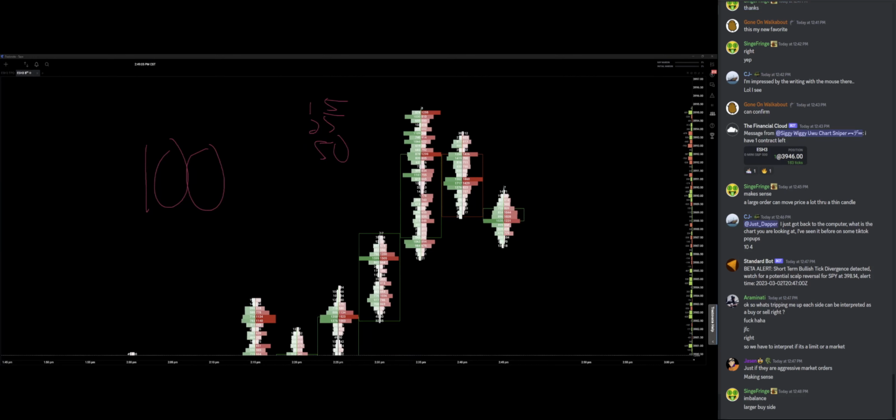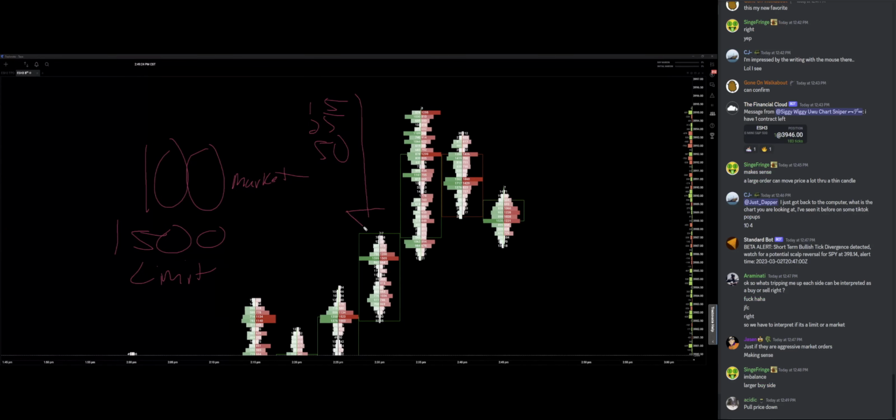And if there's someone who wants to fill 1500 on the limit below this 100 market, what is going to happen? Price is going to retrace the imbalance until it finds the liquidity, right?